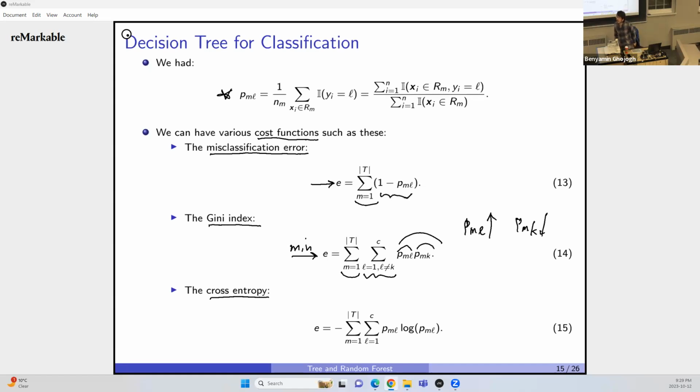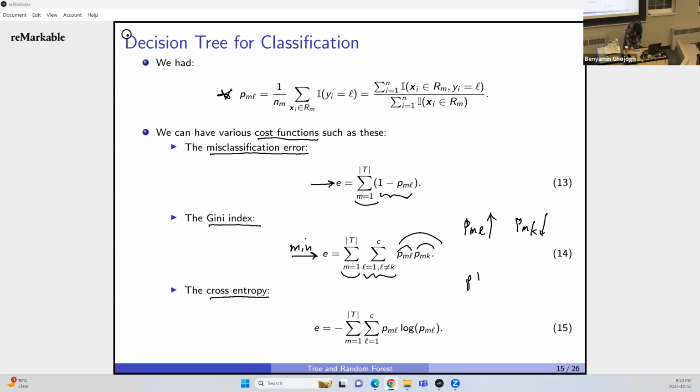So it's considered two classes. Okay. So PML plus PMK becomes 1, because L goes from 1 to 2, L is not equal to K. So I have two probabilities of the classes, P and 1 minus P, right?